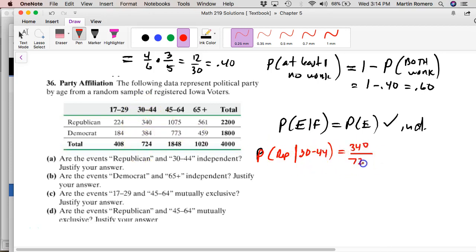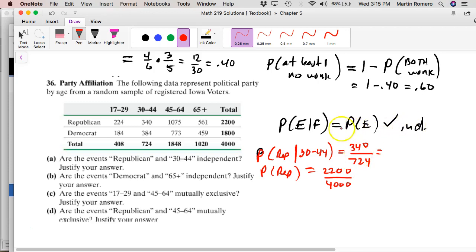I'm only considering that population. And so then we have that calculation there to look at, which we'll do. And then we want to do the probability of just being a Republican. What's the probability of being a Republican? So that would be 2,200 divided by 4,000. And then we want to compare those values with each other.